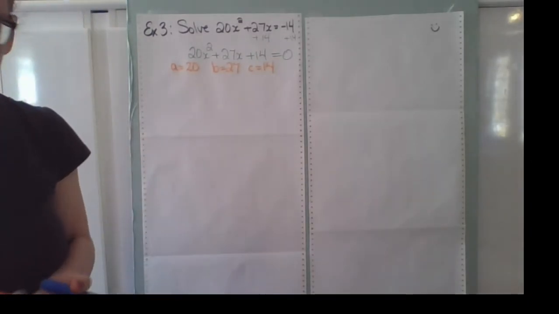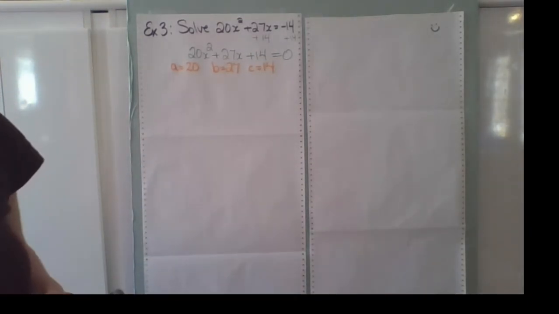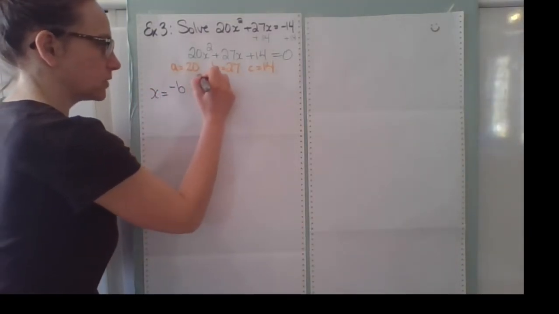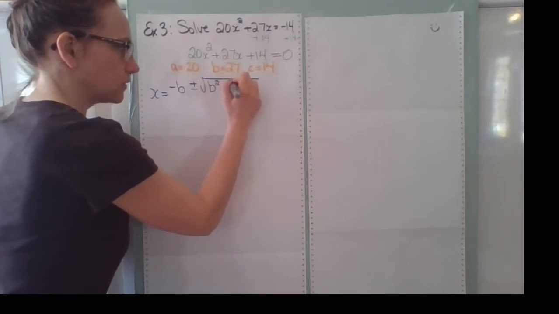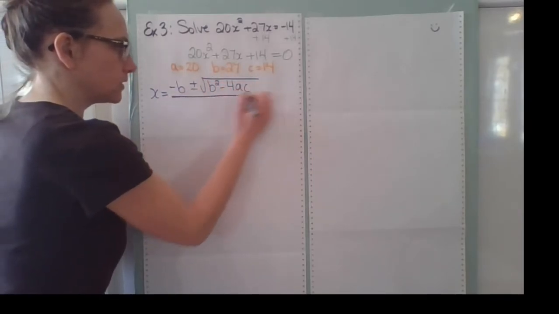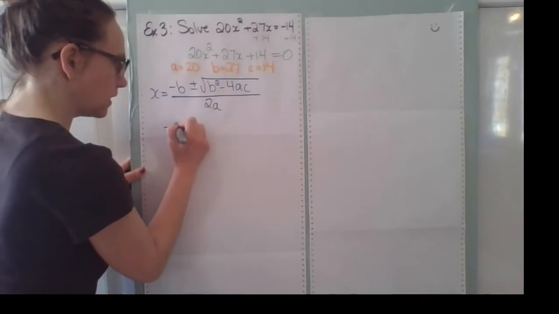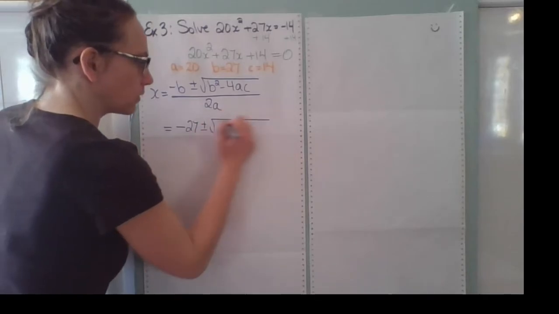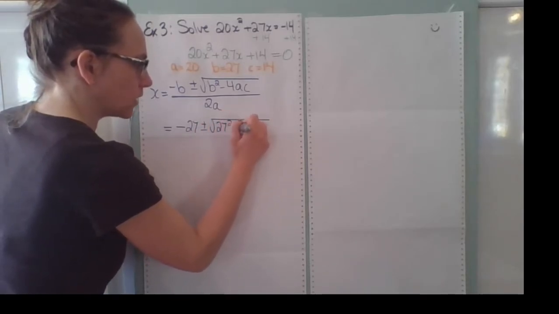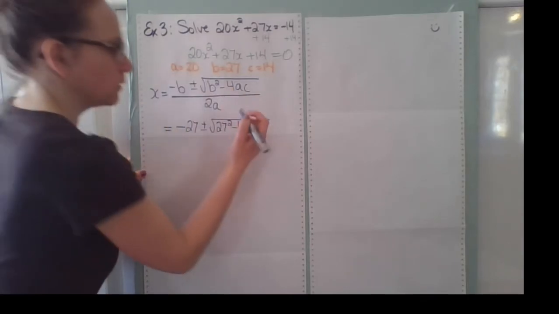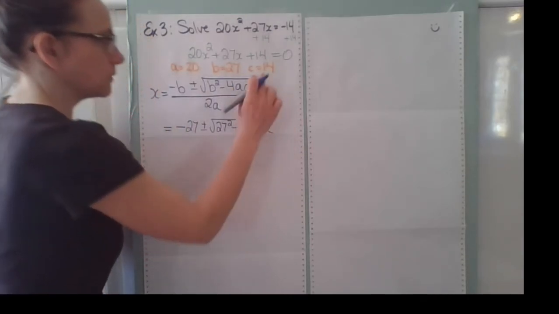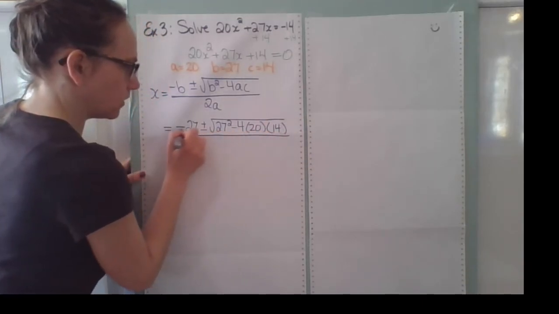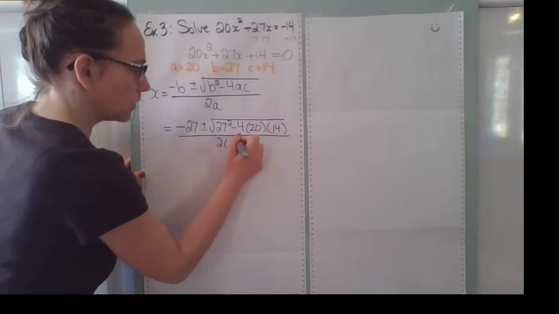Now we can plug those into our great big quadratic formula, no problem. Let's see, x equals negative b plus or minus the square root of b squared minus 4ac, all divided by 2a. Negative b is negative 27, plus or minus the square root of 27 squared minus 4 times a, which is 20, times c, which is 14, all divided by 2 times 20.